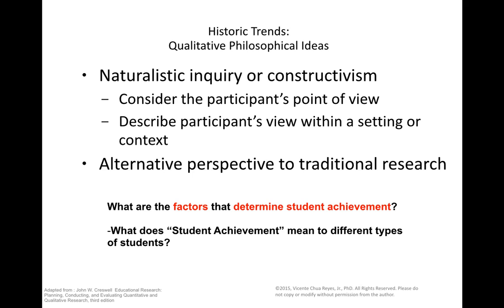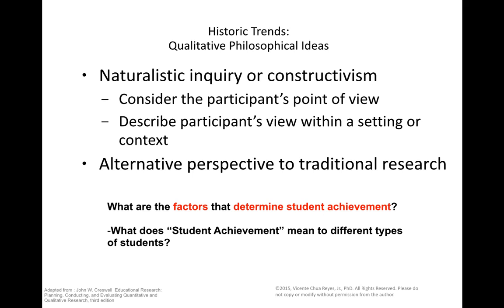In a quantitative perspective, student achievement is determined by looking at NAPLAN scores according to states in Australia, or Scholastic Aptitude Test scores if we compare it by races in the United States of America. But for qualitative approaches, we look at the participant's point of view.